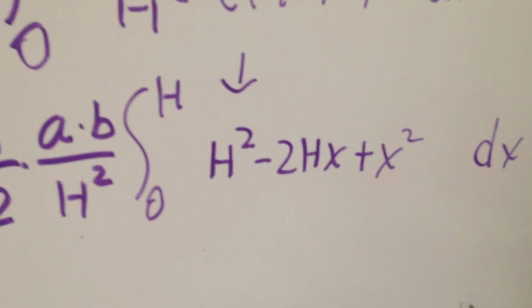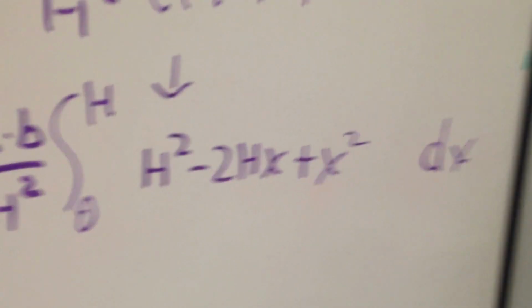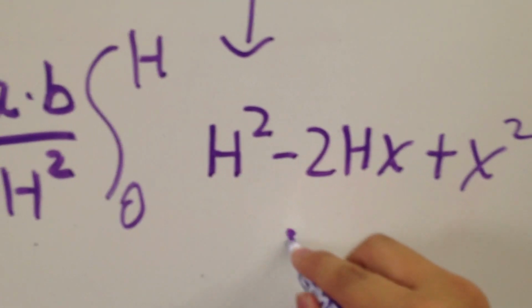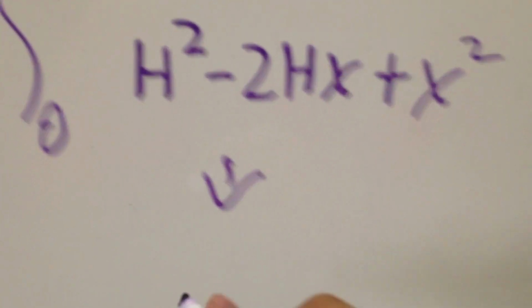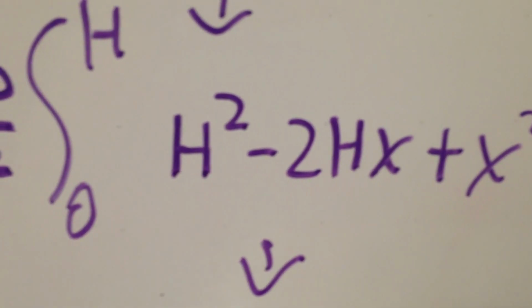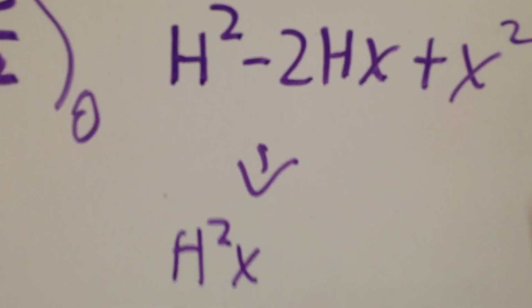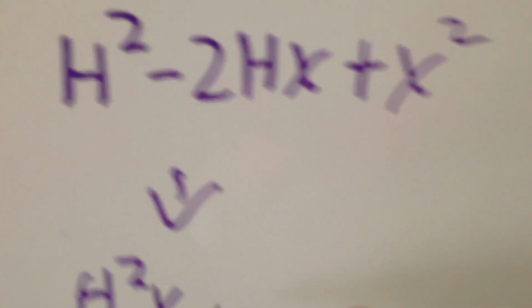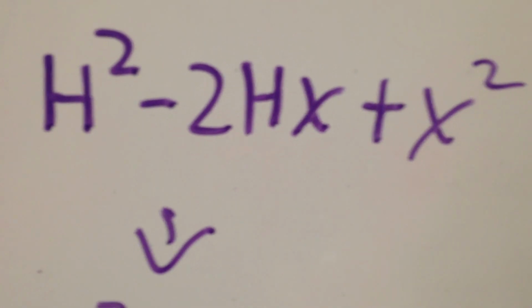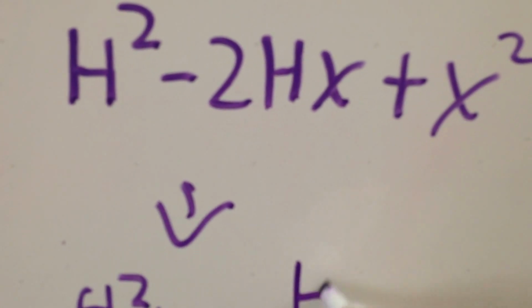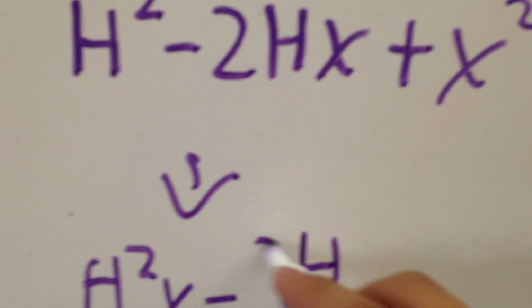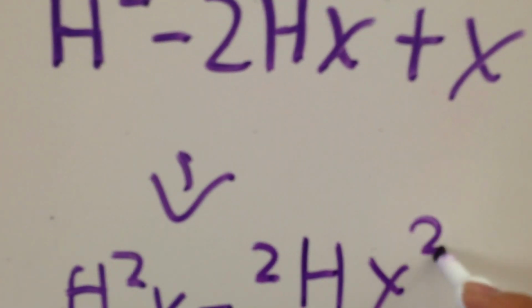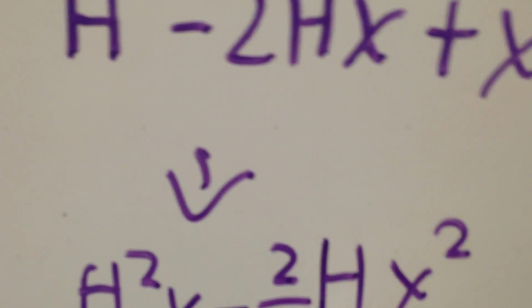This is pretty straightforward, right? Just take the antiderivative of this. And this is gonna reduce to h squared x. Why? Because the antiderivative of a constant is a constant times x. Minus 2h, this is a 2 right here, 2h x squared over 2, which over 2 we put right here, and it cancels out, so it's just hx squared.